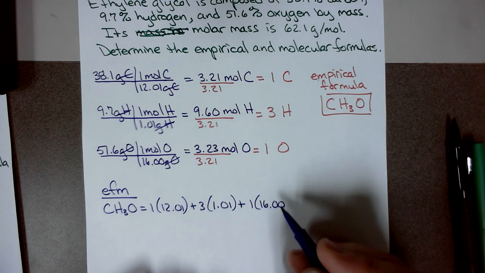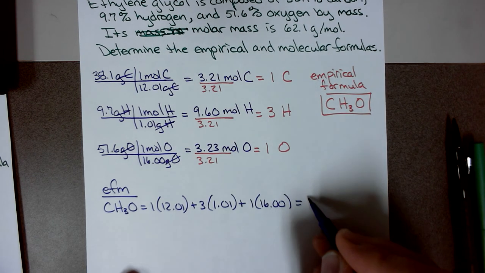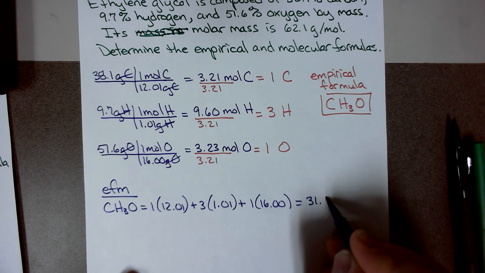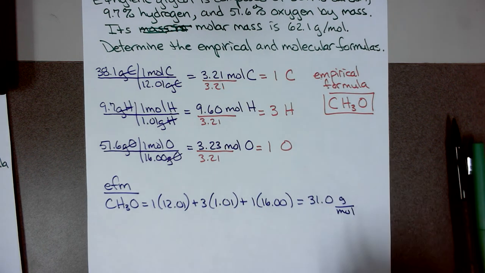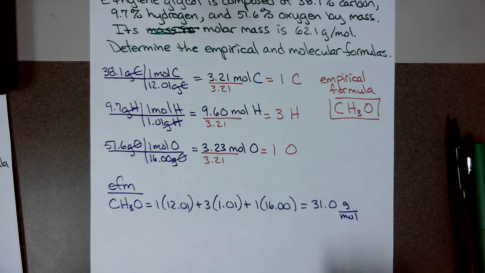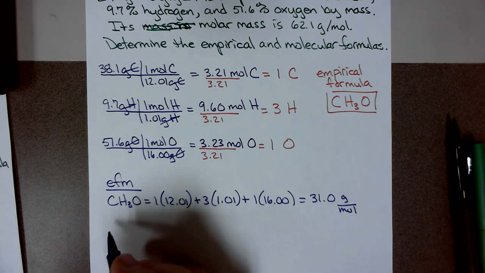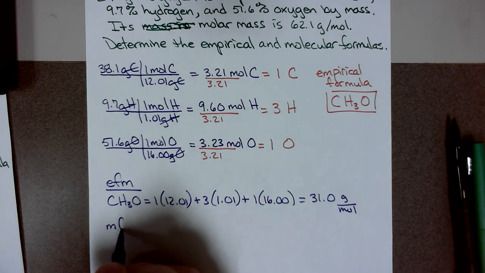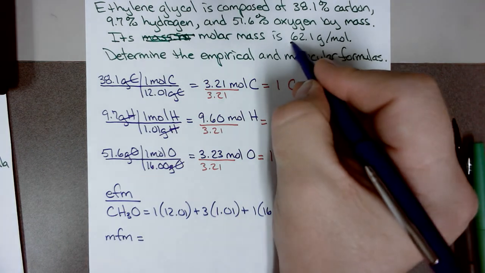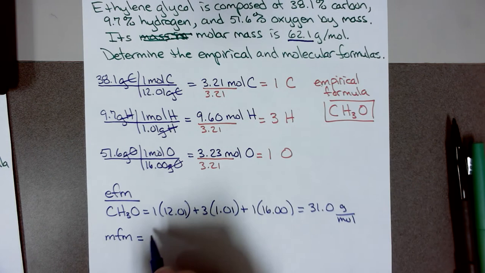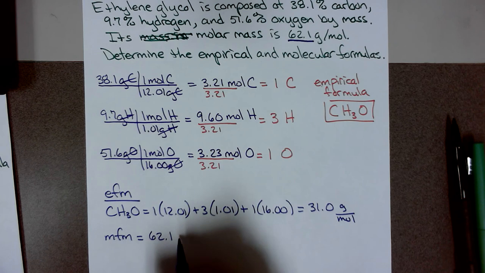This comes out to be 31.0 grams per mole, the molar mass of the empirical formula. We already know that the molecular formula mass was given, that's right up here, 62.1 grams per mole.